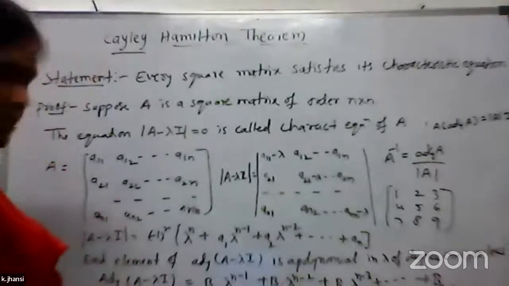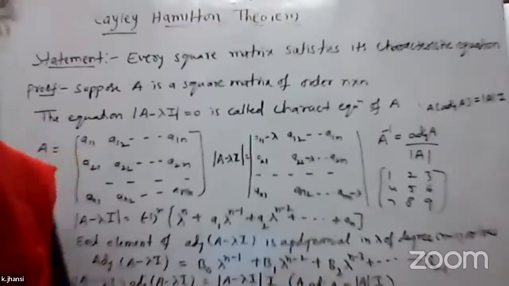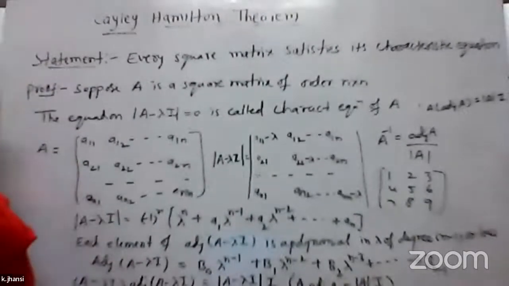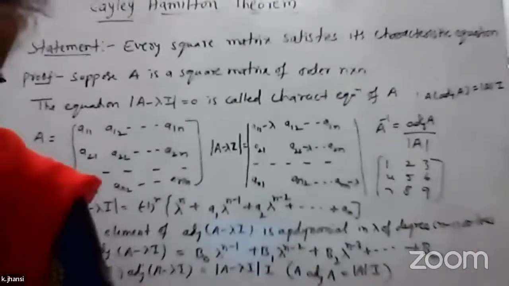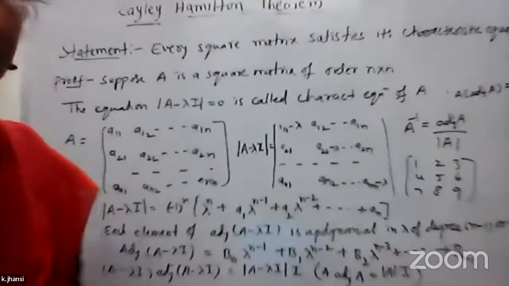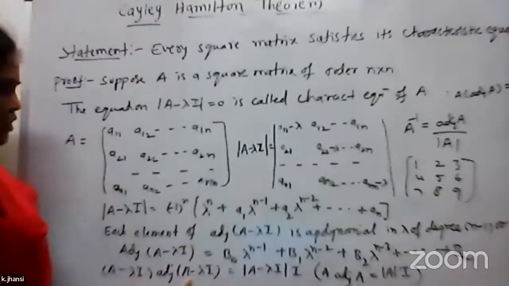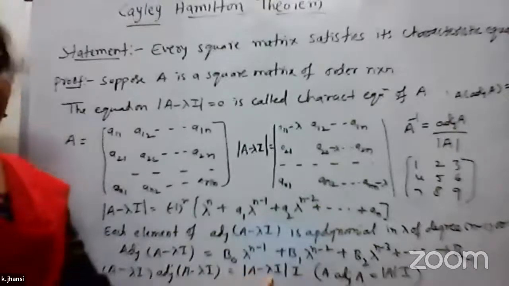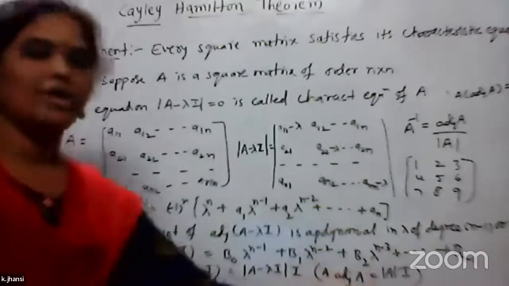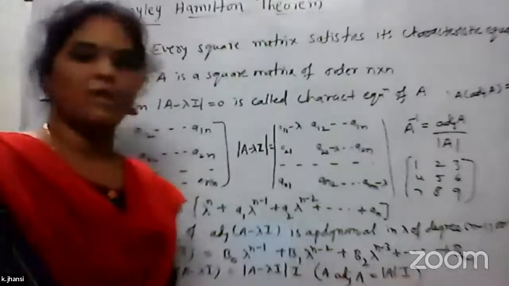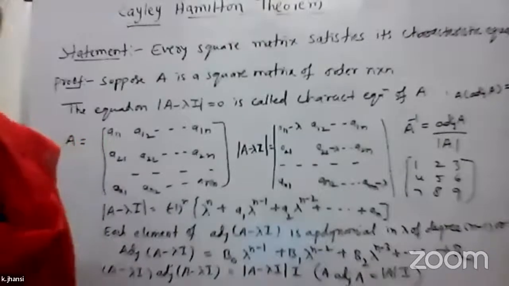So I hope so. In the down part, you are able to see A. Your last one is A minus lambda I into adjoint of A minus lambda I equals determinant of A minus lambda I into I. This we got from the concept of A into adjoint of A equals determinant of A into I. If you write the same in the examination, they will give the full marks.